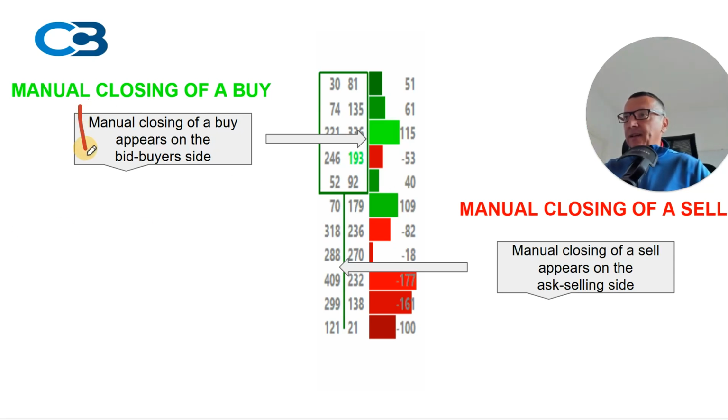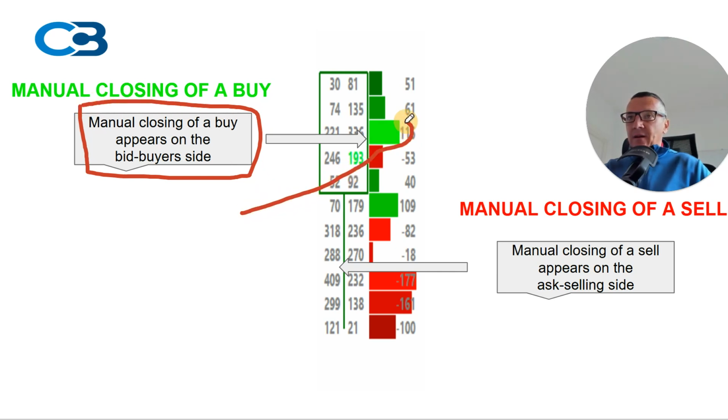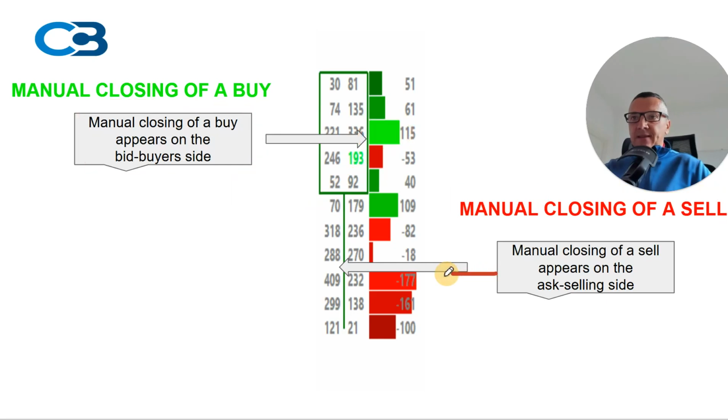So manual closing of a buy appears on the buy side, and then a manual closing of a sell appears on the sell side. Are you starting to get the idea now that it isn't just buyers and sellers on each side of the market, because you've got all different types of executions happening in the market? I haven't seen one person explaining this anywhere. So I thought this video would be really useful to you guys.